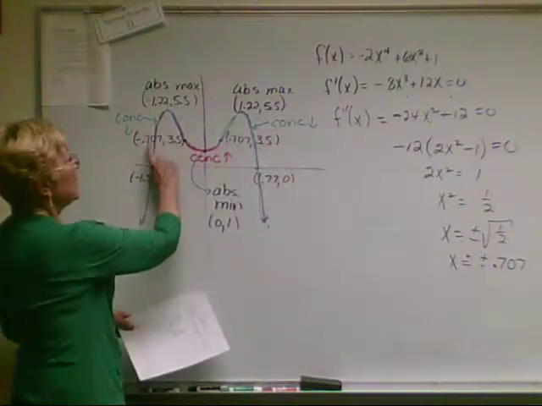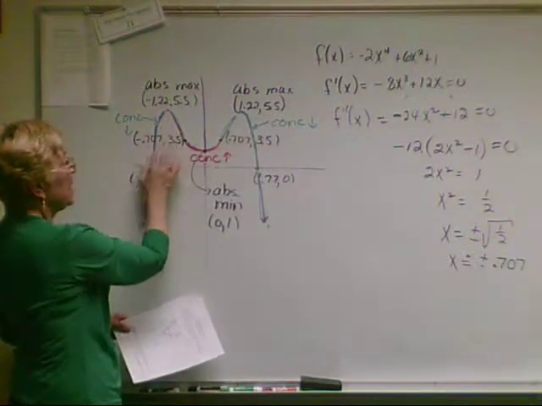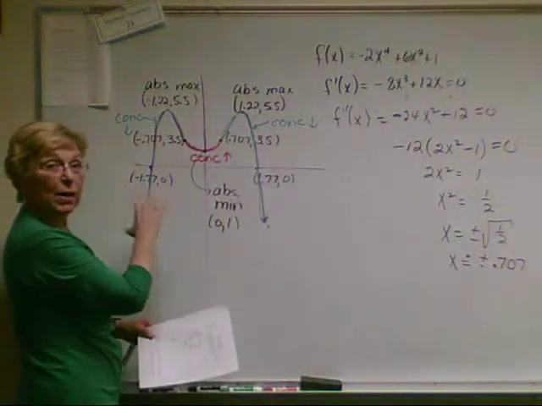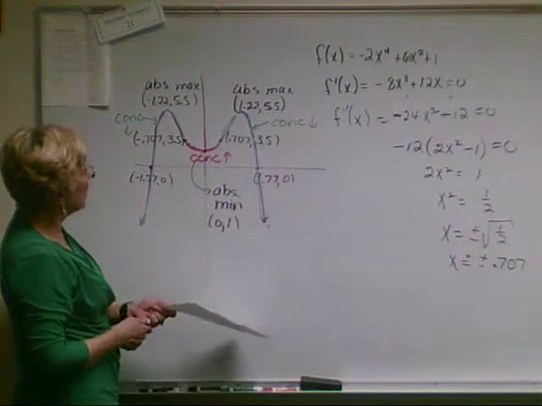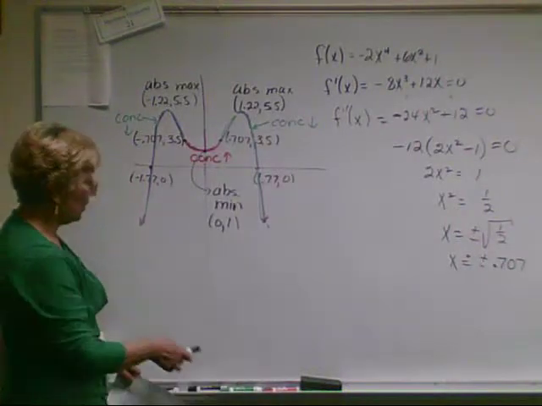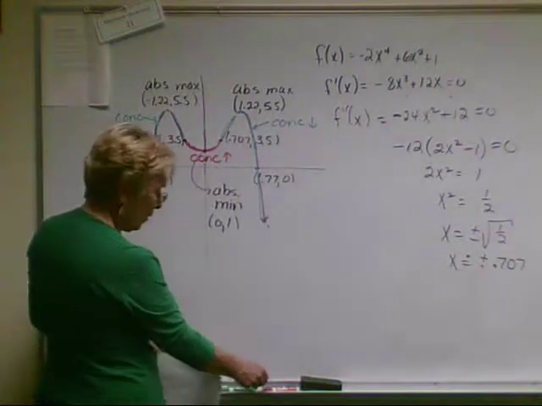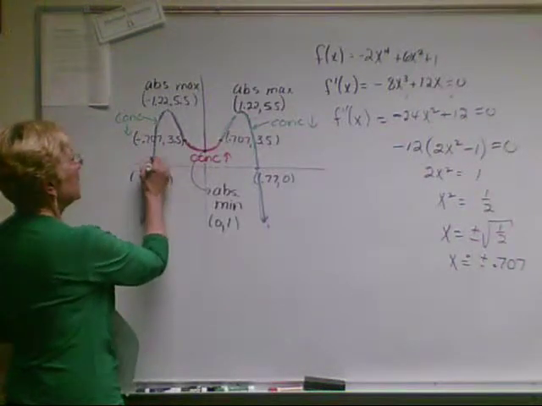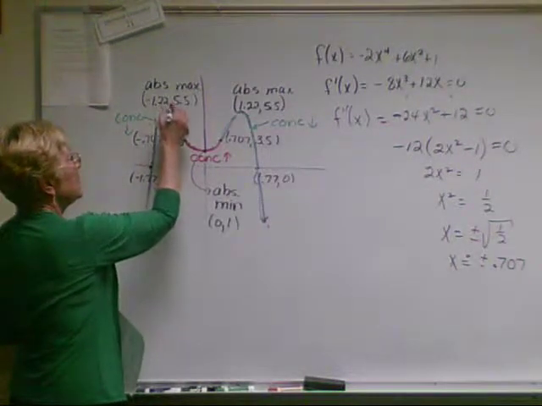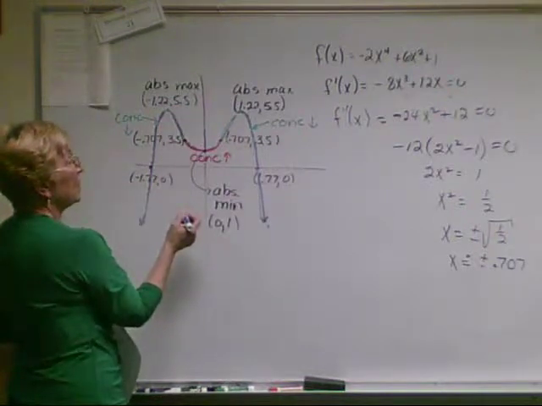So increasing and concave down, we have to see where they both happen at the same time. So let's see, what color haven't we used? Maybe blue. So increasing, increasing, increasing, increasing, but concave down.